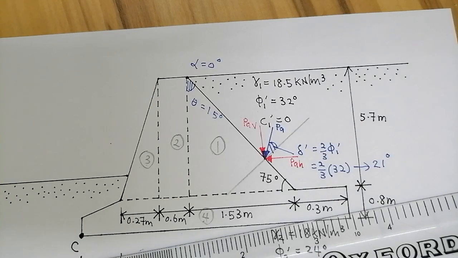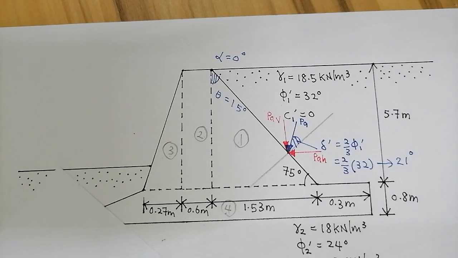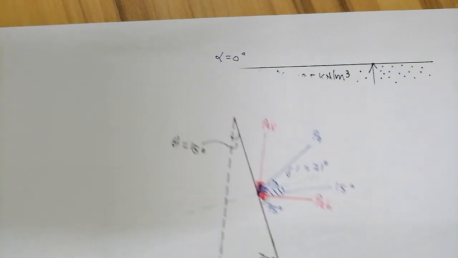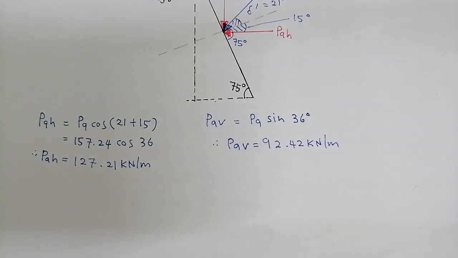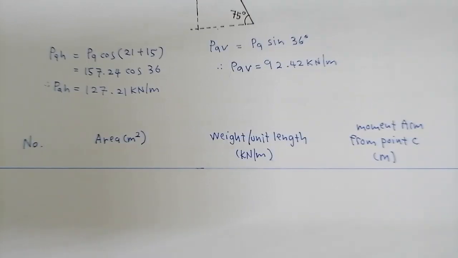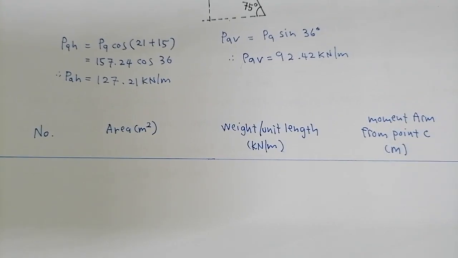Okay, then next thing is we have to draw a table to help with our calculation. Okay guys, so this is the table. We have 5 columns.